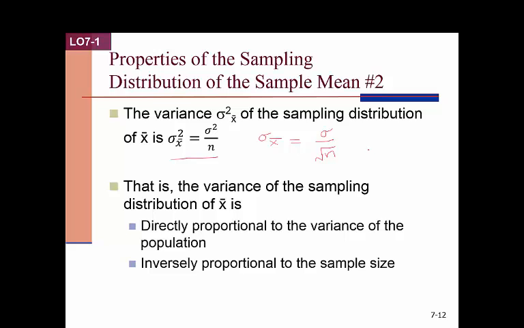Okay, so remember this, very important. Sigma of just x, an individual x value, is equal to sigma of the population, but sigma of x bar is equal to sigma of the population divided by square root of n.